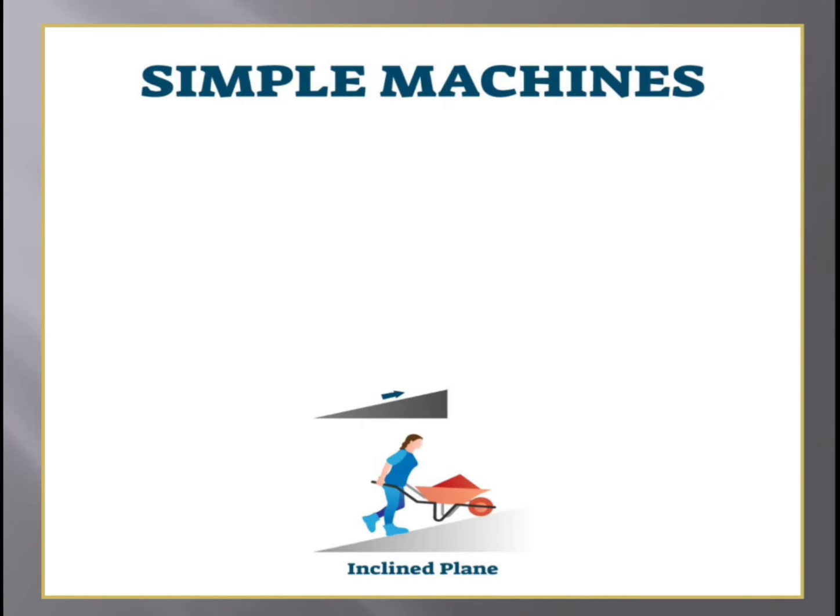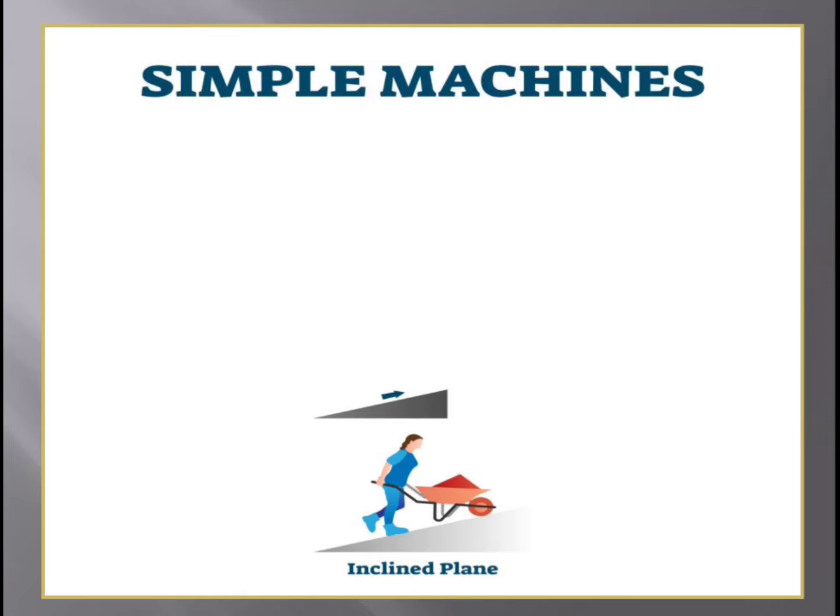Some examples of inclined planes are your slide. When you play, you climb the steps and sit on the slide, and you come down yourself, isn't it? That is an example of an inclined plane. Slanted roads and ramps are also examples of inclined planes.